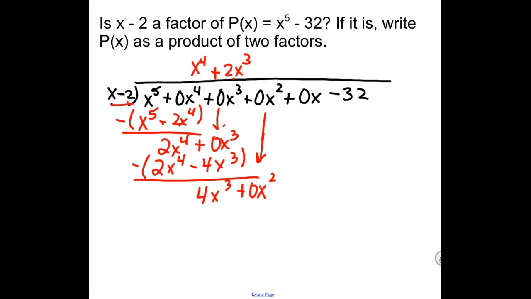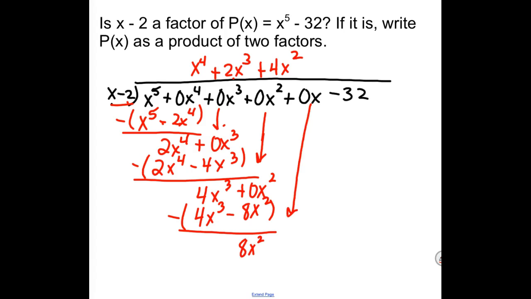4x cubed, dividing out an x, leaves us 4x squared. 4x squared times the x minus 2 gives me 4x cubed minus 8x squared. When I subtract, what do I get? I end up with 8x squared.